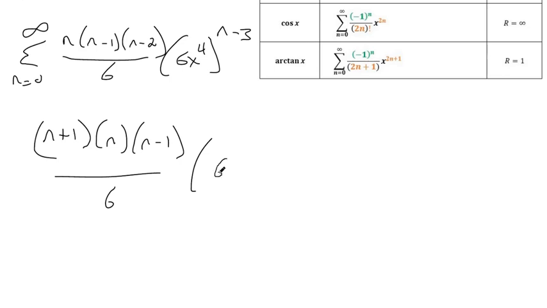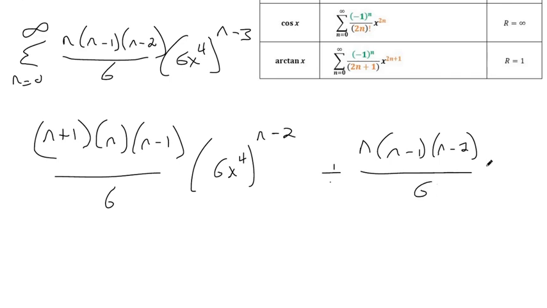And this is 6x to the 4th. N plus 1 minus 3, that's now n minus 2. And then we're going to divide that by the nth term. So that's n minus 1, n minus 2 over 6 times 6x to the 4th. That's n minus 3. Okay, so you would flip and multiply.